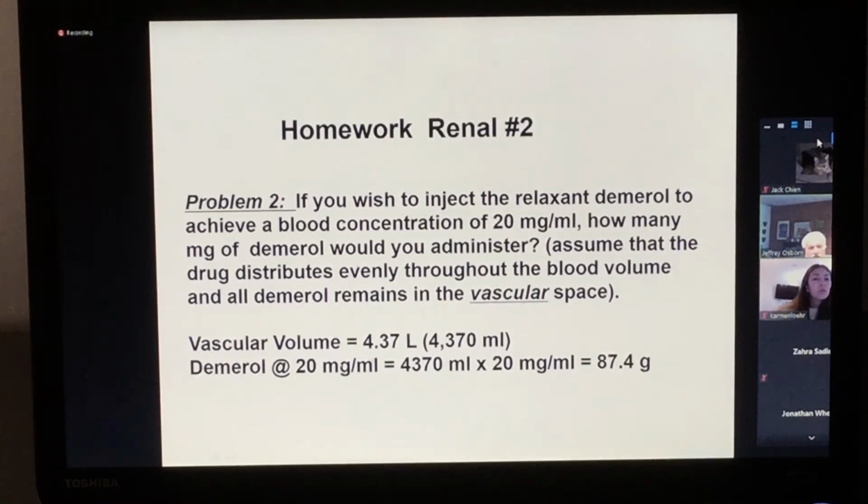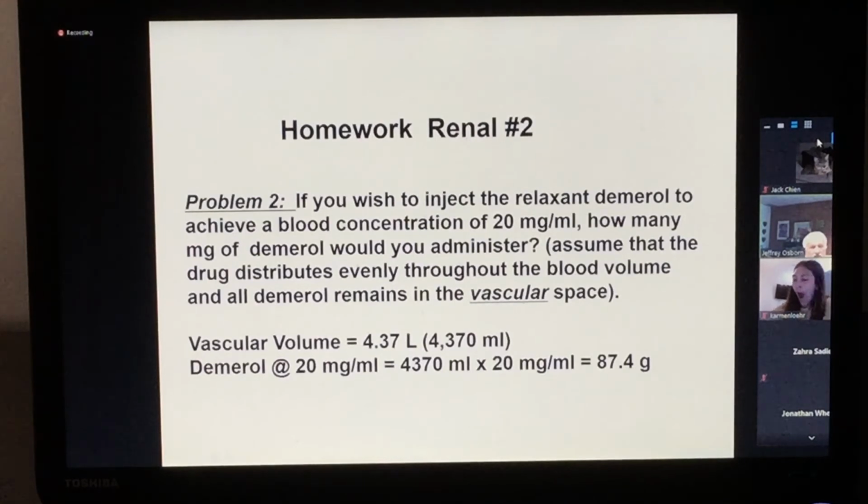And you're going to do this for a vascular volume that's about 4.37 total liters. So this would be in a human with a vascular volume of about 4.37 liters, and you want your Demerol to be 20 milligrams per milliliter.